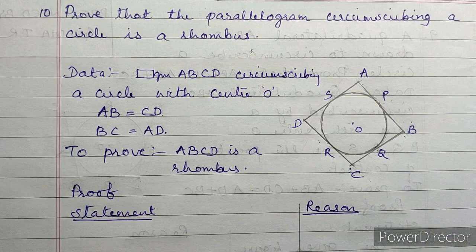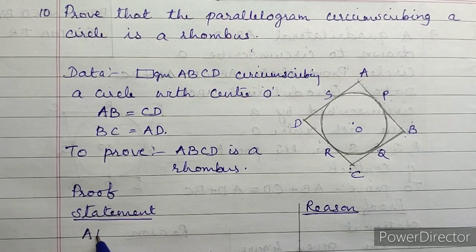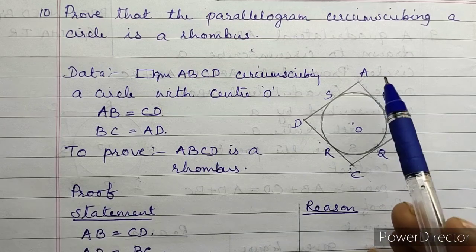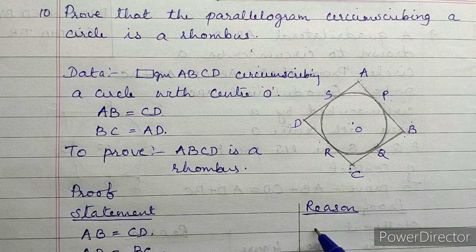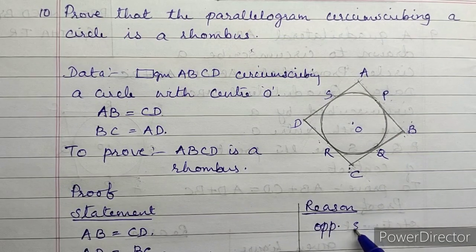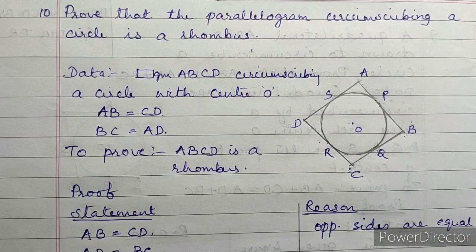Now we can start with the parallelogram, what is given. So AB is equal to CD. In data we have already written this, and AD is equal to BC. Opposite sides are equal in a parallelogram. You can write, opposite sides are equal in a parallelogram.